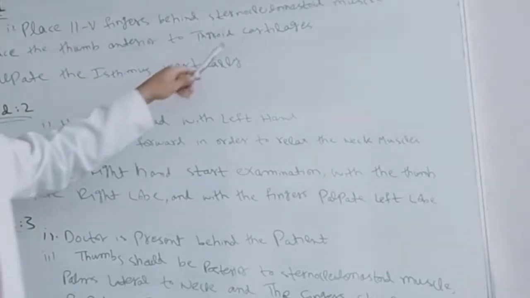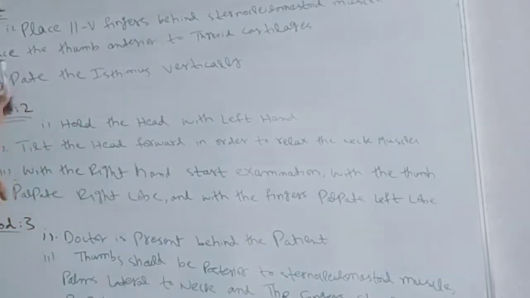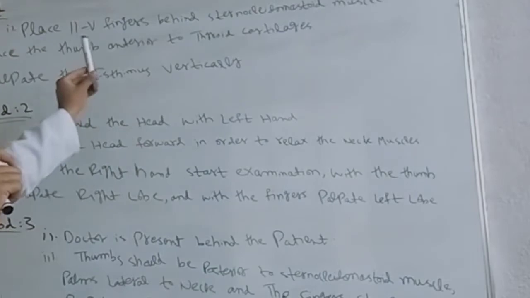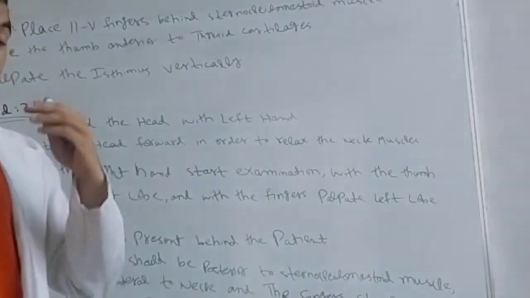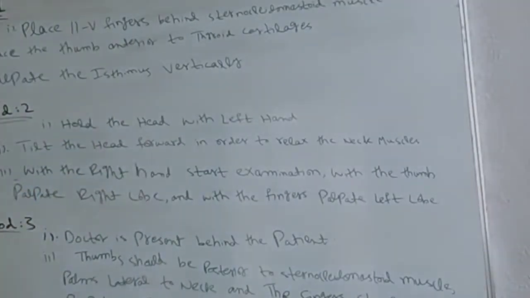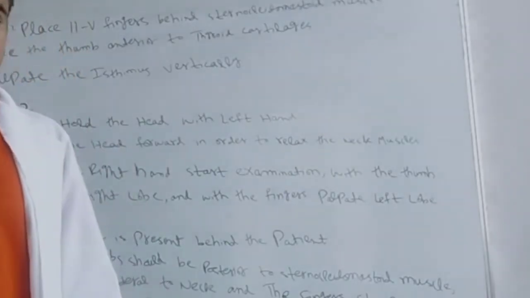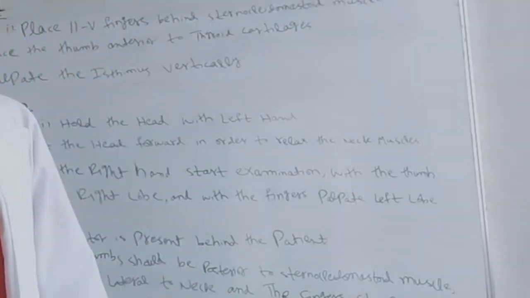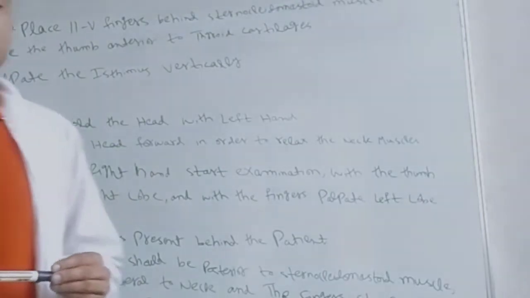Both thumbs must be anterior to the thyroid cartilages, and then we palpate the isthmus in a vertical direction. During method 1, the patient must take a sip, because the larynx and the thyroid gland go upwards, making it easier to slide the fingers on the thyroid gland.